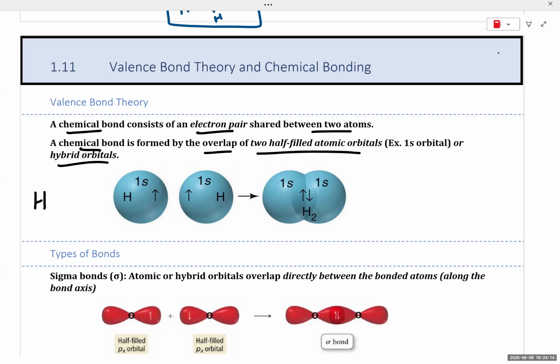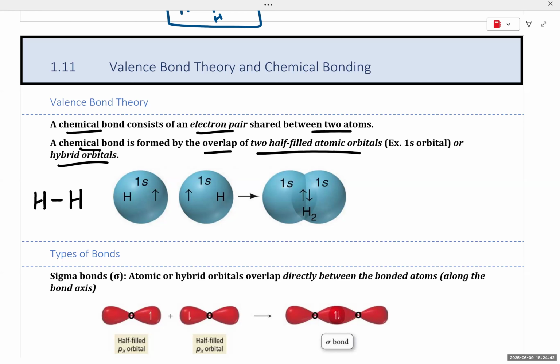So for example, if we're describing this single bond between two hydrogen atoms, we have two electrons shared between these hydrogen atoms. This bond is formed via the overlap of two hydrogen 1s orbitals, which are each half-filled atomic orbitals, to yield a bonding molecular orbital.